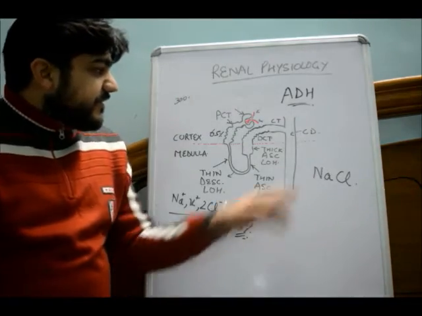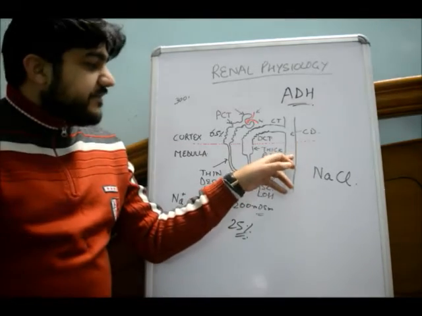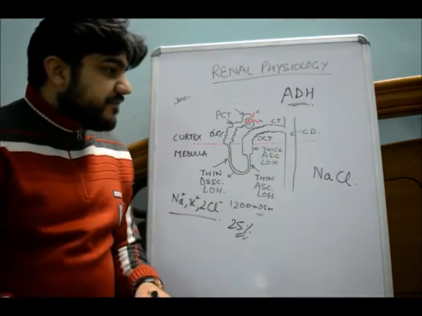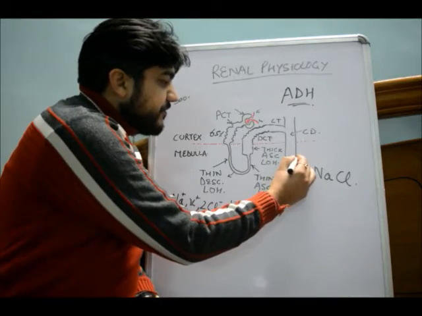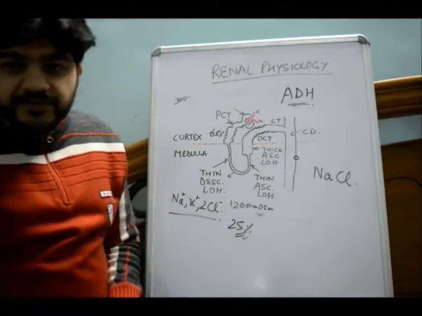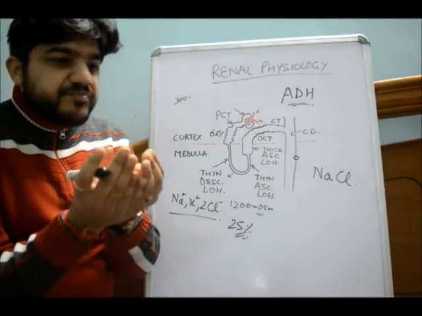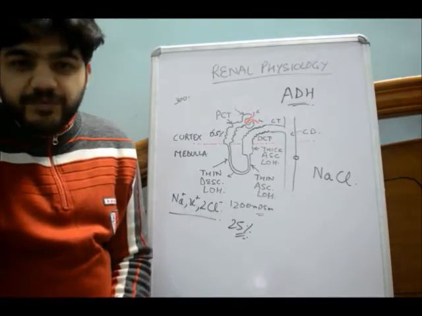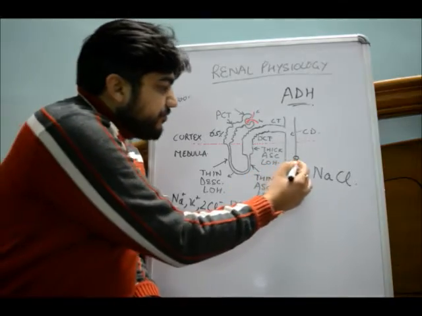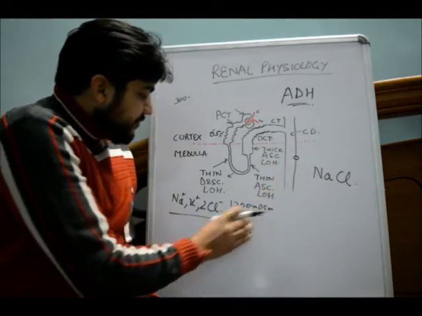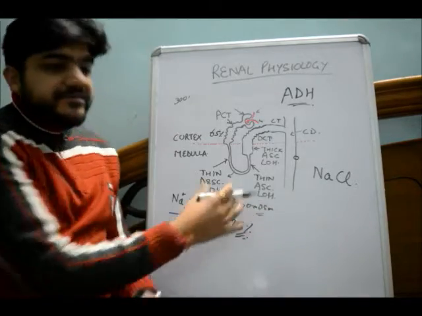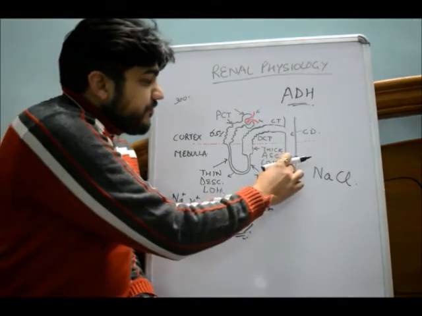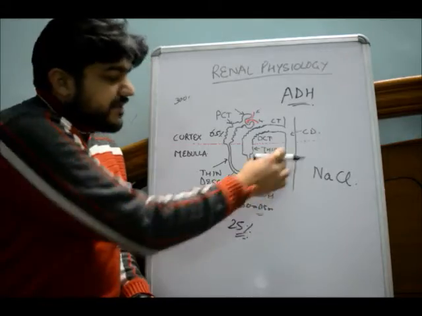What it does is, it comes into play in this segment, and it causes formation of pores for movement of water, which we call aquaporins. I have already told you that in the medullary region the osmolarity is on the higher side. So water will have a tendency to move out, but there are no pores.